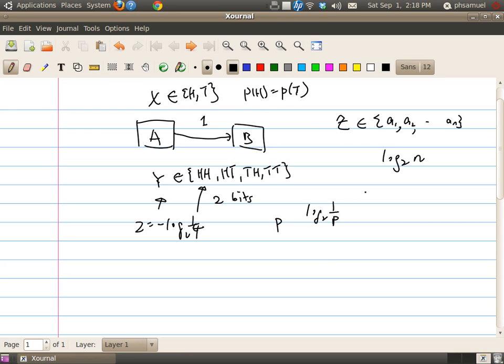And because all the outcomes there are equally likely, the amount of information for each outcome will be log base 2 of 1/p as well. Therefore it's just equal to minus log base 2 of p.